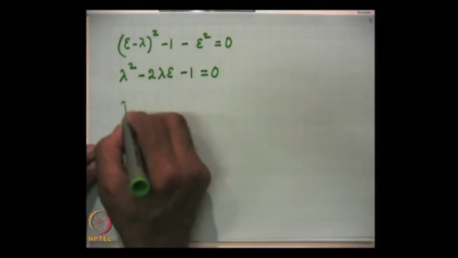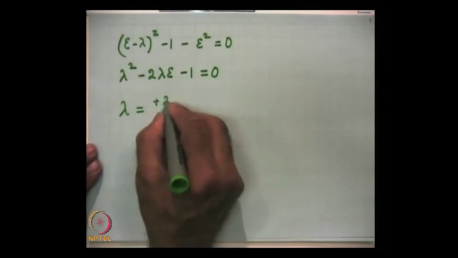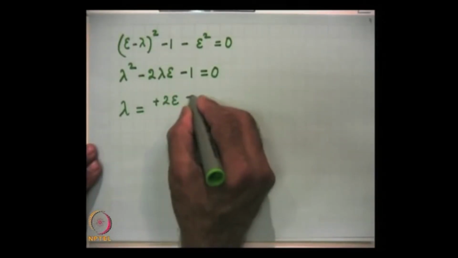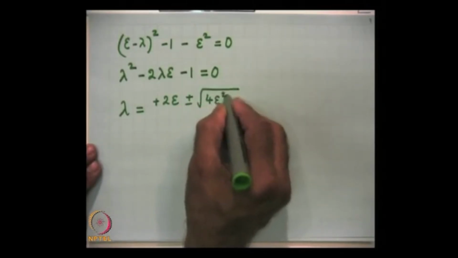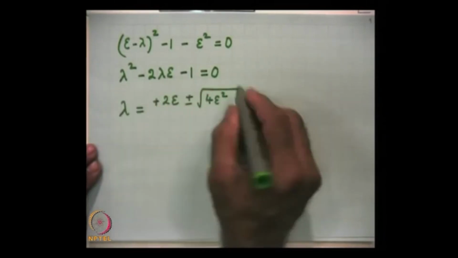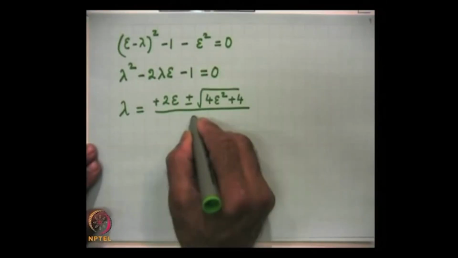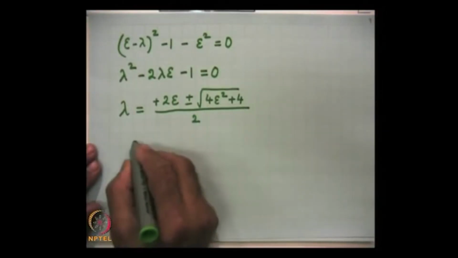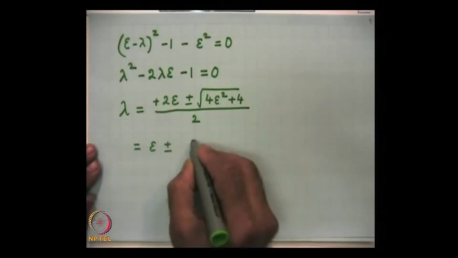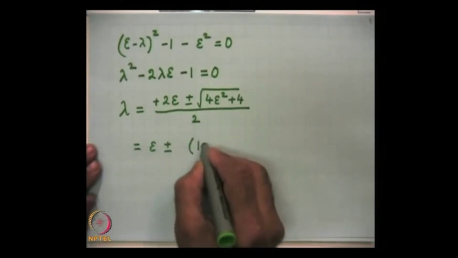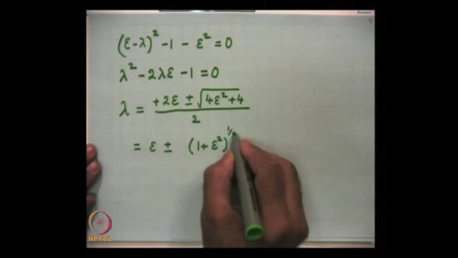So, the roots of this equation are lambda equals minus b, that is plus 2 epsilon, plus minus square root of 4 epsilon square minus 4 AC, that is plus 4, divided by 2. So, this will be epsilon plus minus 1 plus epsilon square raised to the power of half.